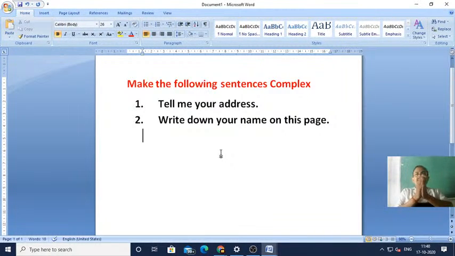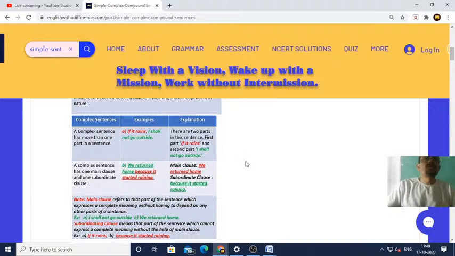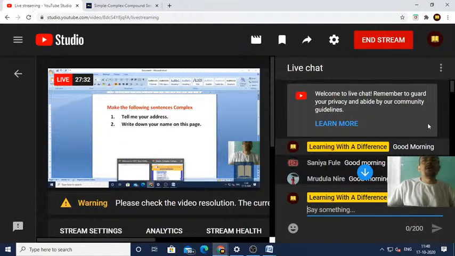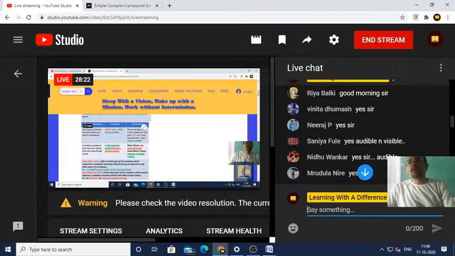So make the sentence a bit long with one main clause and one subordinate clause, so that you make it a complex sentence. What is the structure of the complex sentence, dear students? You might have seen the structure of the complex sentence. If it rains, I shall not go outside, okay. When we went there, we could find this. So like this, there should be one subordinate clause and one main clause.